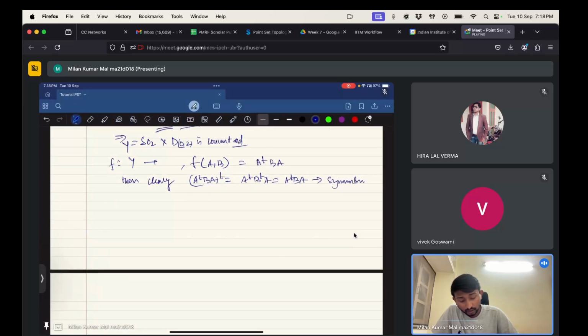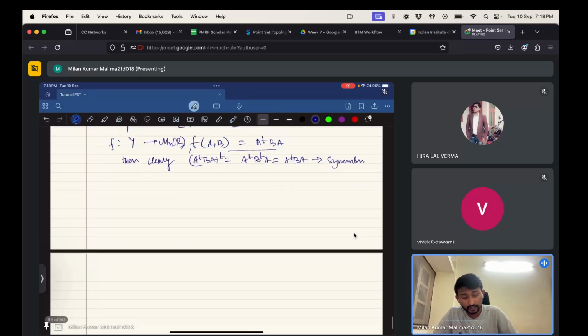Now we will show that the image of F under this function, whatever is defined, is contained in X. So this is symmetric first, and lambda is an eigenvalue of B, this diagonal matrix, if and only if lambda is an eigenvalue of A transpose B A. You can check this one; I already discussed it in the last class also.